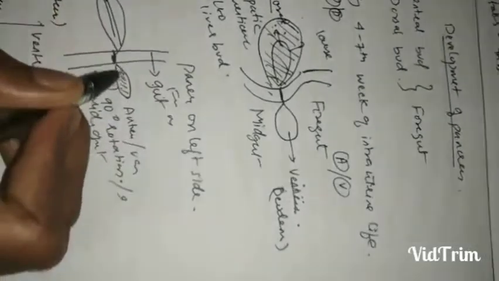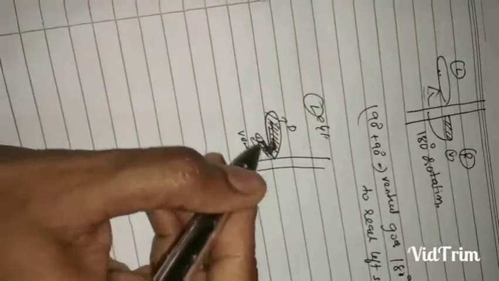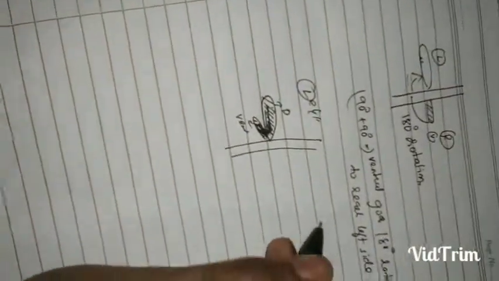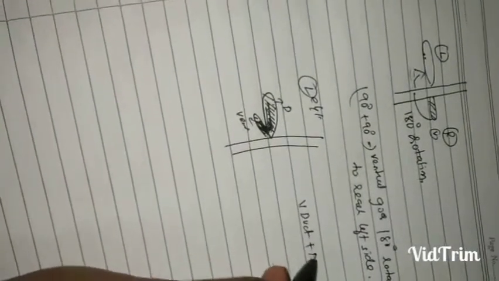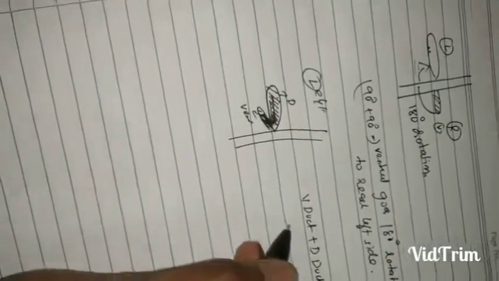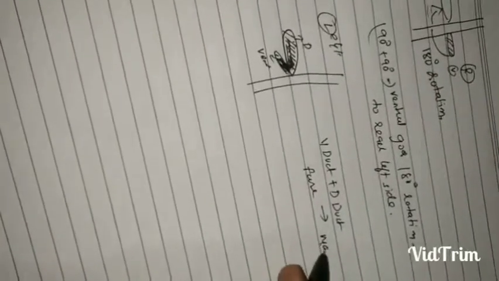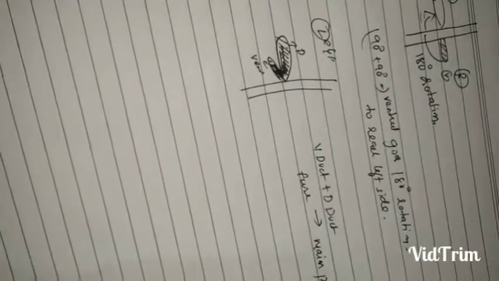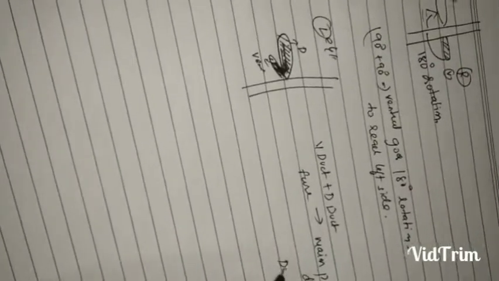And I forgot to say something: these buds will have their own ducts, ventral duct and dorsal duct. So now both the ducts, ventral duct as well as dorsal duct, will fuse to form main pancreatic duct, also known as duct of Wirsung.